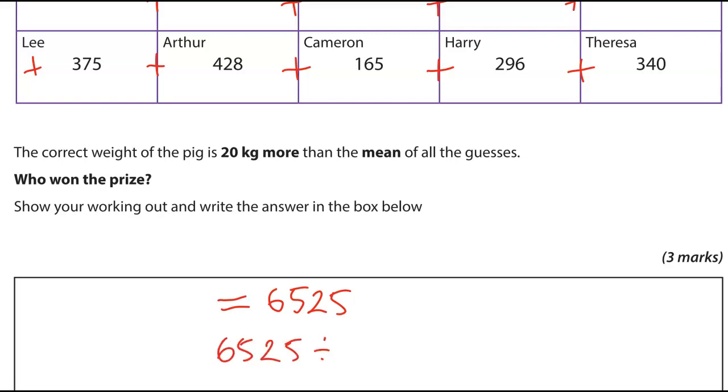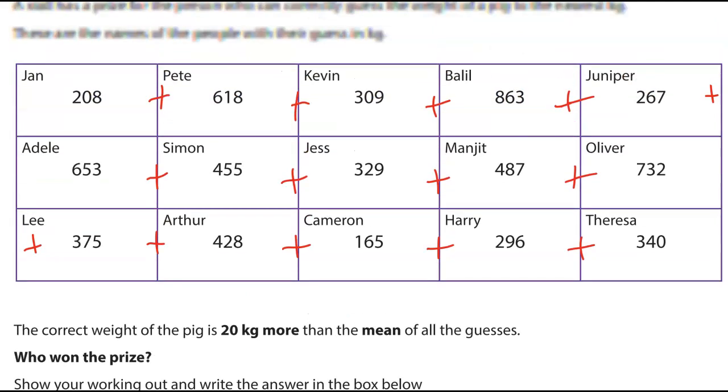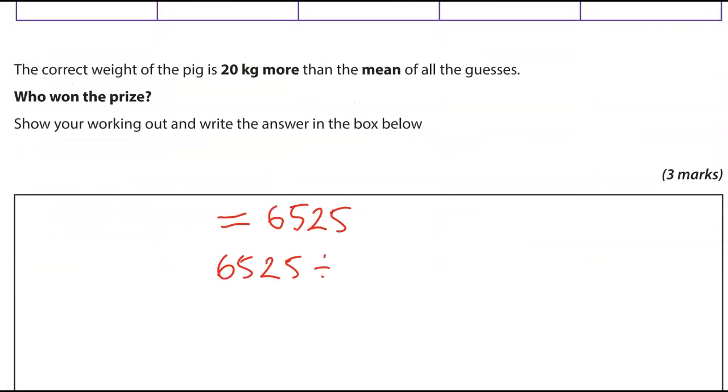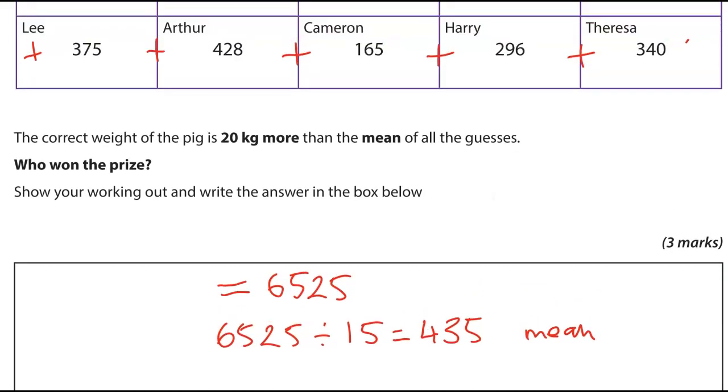So 6,525, if we divide that by how many there are, so we've got 1, 2, 3, 4, 5 times 3, that is 15. So divided by 15 gives us 435. So that is the mean. The correct weight of the pig is 20 kilograms more than the mean.